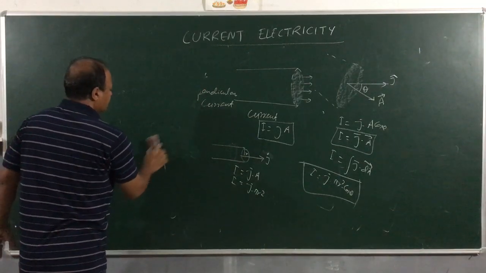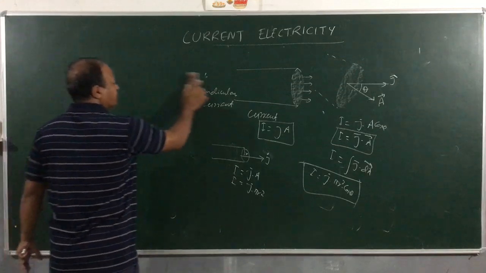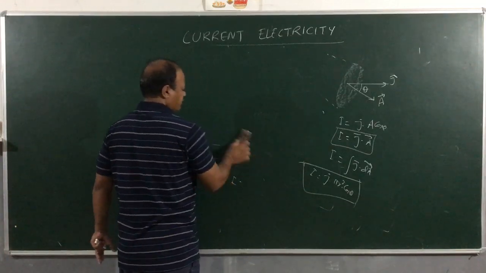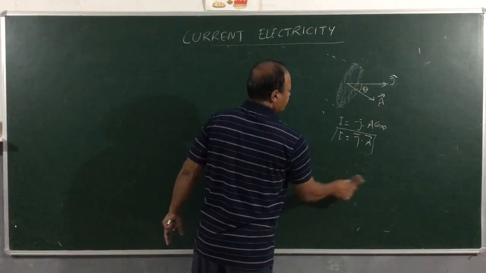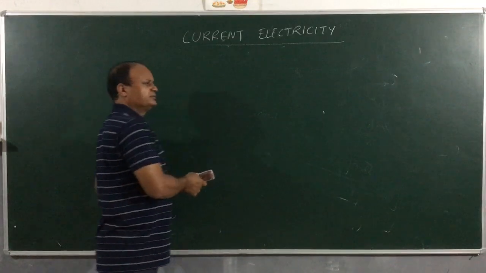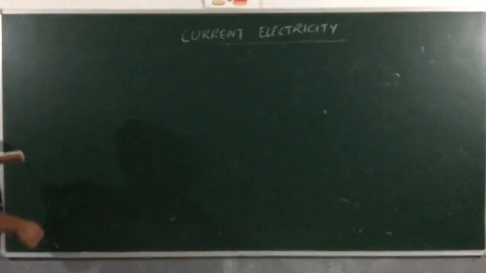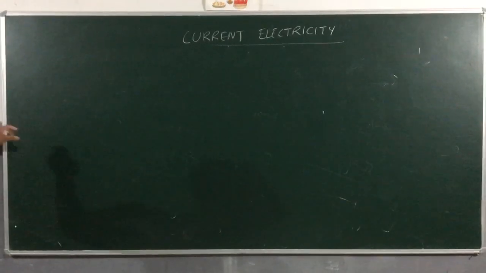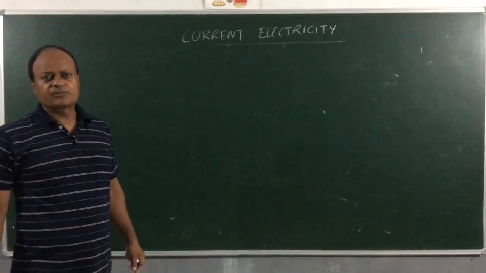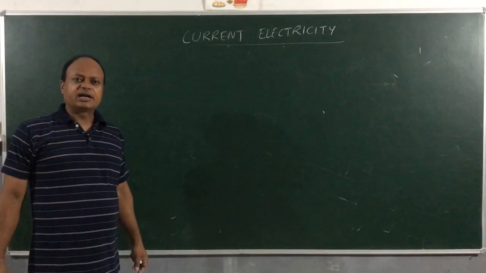Now children, we will be seeing the vector form of Ohm's law, and this vector form of Ohm's law is basically a relation between the electric field applied across a given conductor and current density.